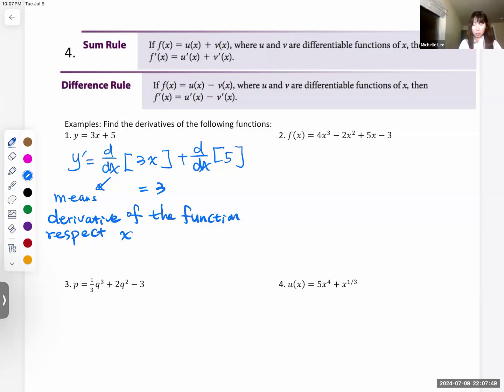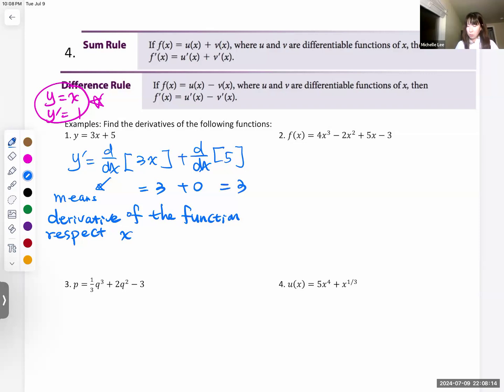I said that earlier: we should remember y equal to x, y prime is 1, so we don't have to work out the steps. Now the second term is the constant term, so it's 0.